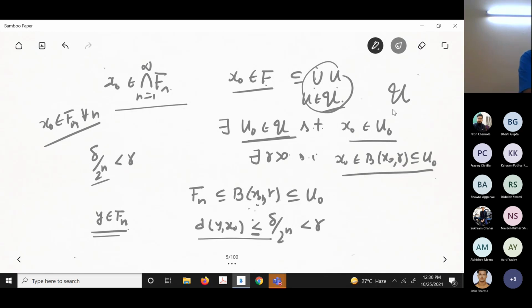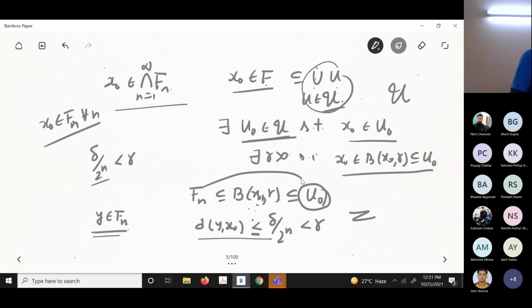Fn is covered by a finite subfamily of this. But here I see that only one is covering this. So I am getting a contradiction.